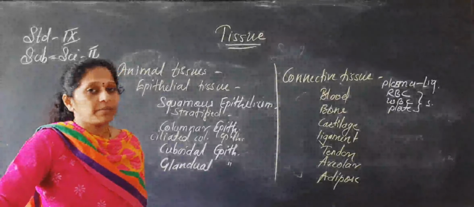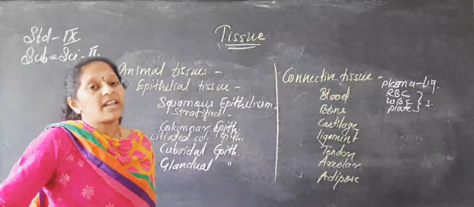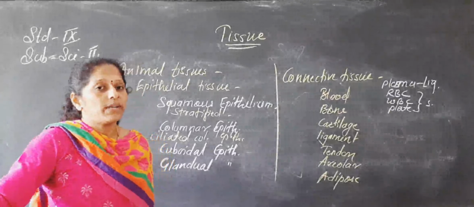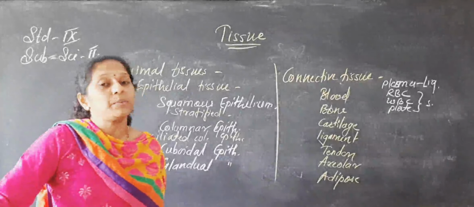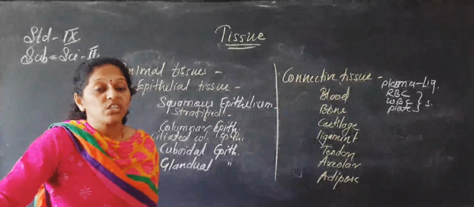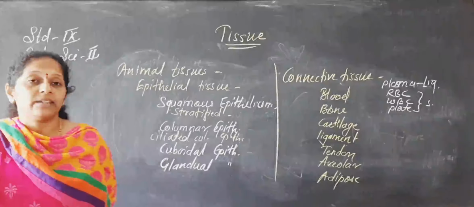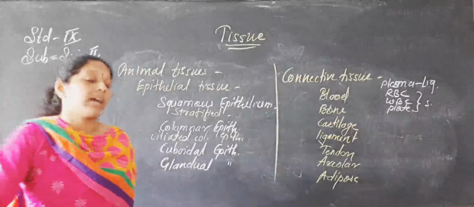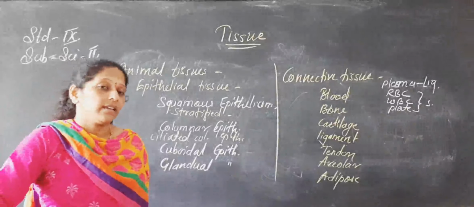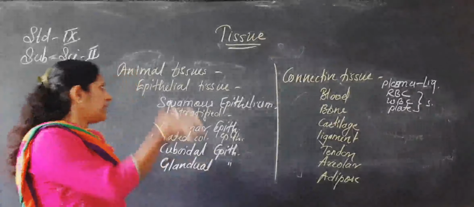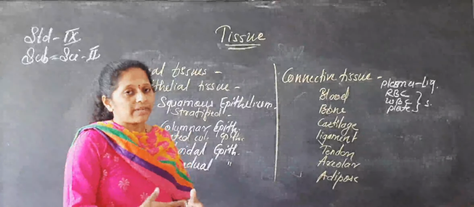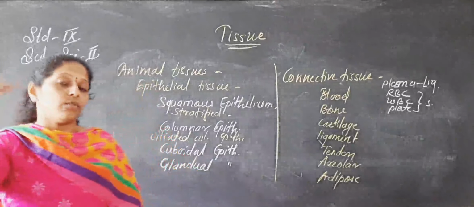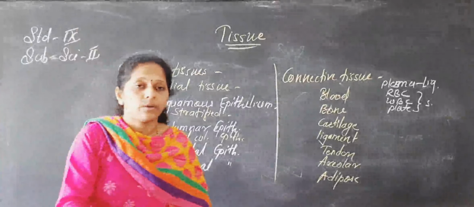What is the function of the blood? Blood transports throughout our body. Why does it flow throughout our body? Because there is transportation of food and gases like oxygen and carbon dioxide. It gives oxygen to the different parts of our body, and again collects carbon dioxide from the different tissues and cells, which goes to the lungs and is given out from our body.